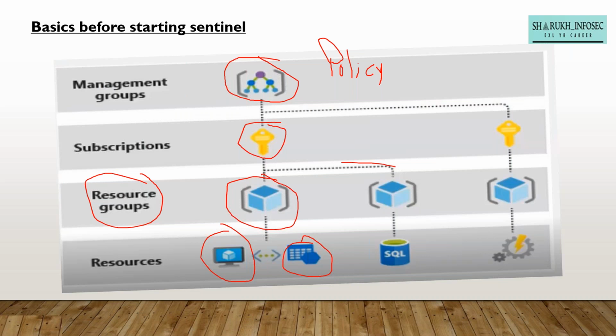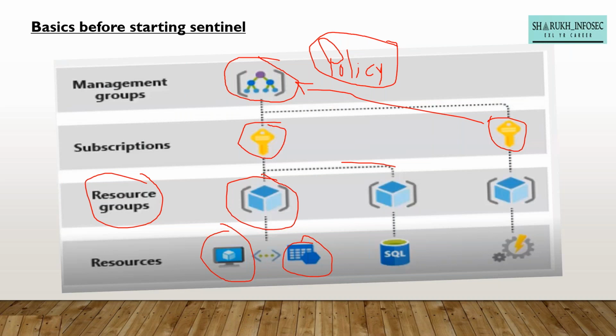To avoid this kind of situation, we can group the subscriptions under a management group. Here there is a management group, and you can assign a policy here. That policy will define what the allowed actions are in this particular management group. For example, whatever subscriptions are below that management group can create only a free VM, only free storage, and a database which costs around $100.